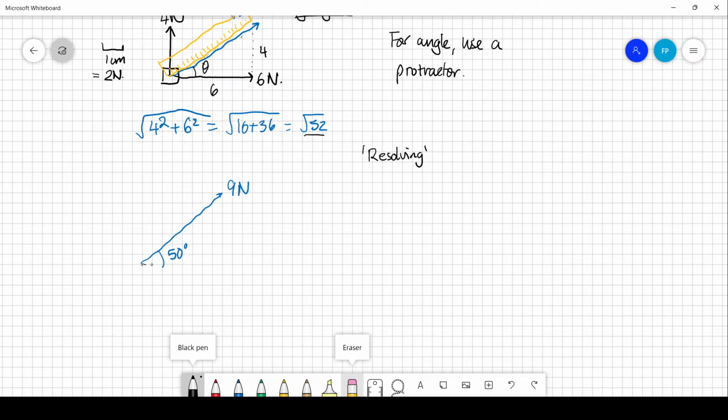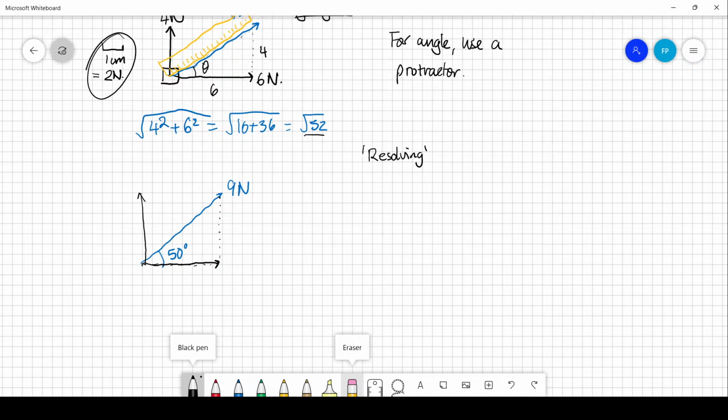You'll find the triangle again, to find its horizontal bit and its vertical bit. And this will give you its horizontal force and its vertical force. And again, you can accurately do it by Pythagoras or trigonometry, or you can use your scale diagram like this to figure the components out again.